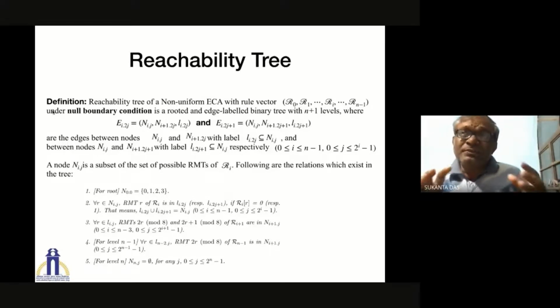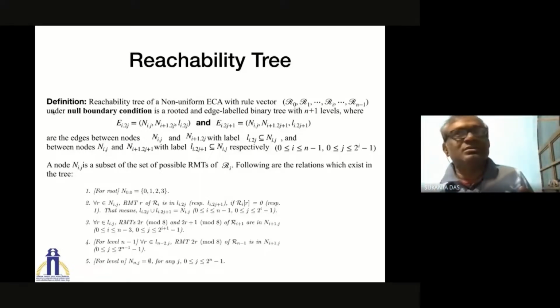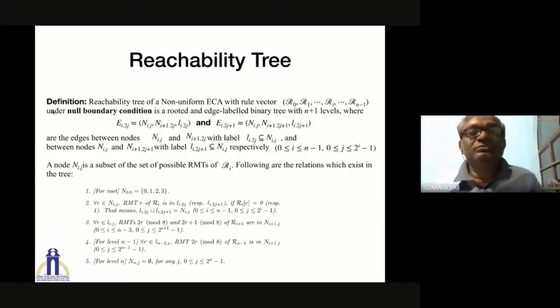And please note that if some node, say nij, is non-existent, that doesn't affect the numbering of the nodes. Anyway, this is E2j and E2j plus 1. We have defined it in this way.